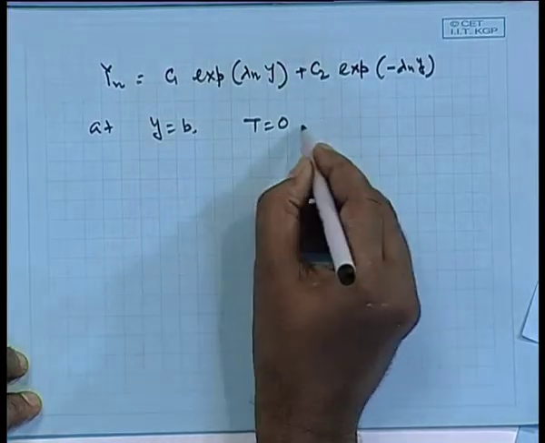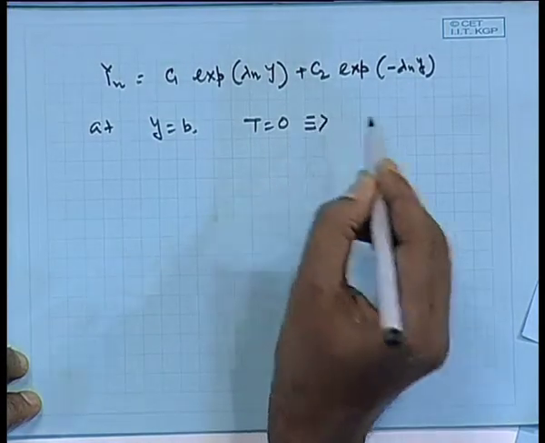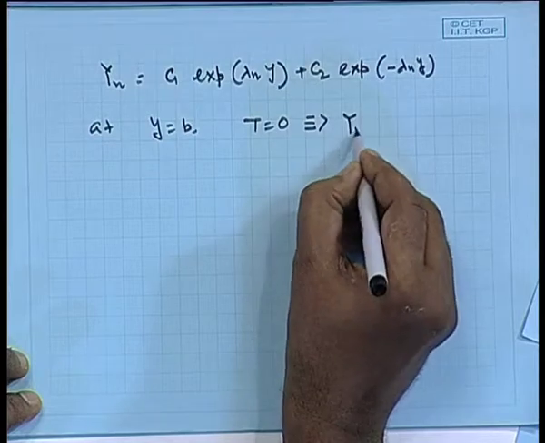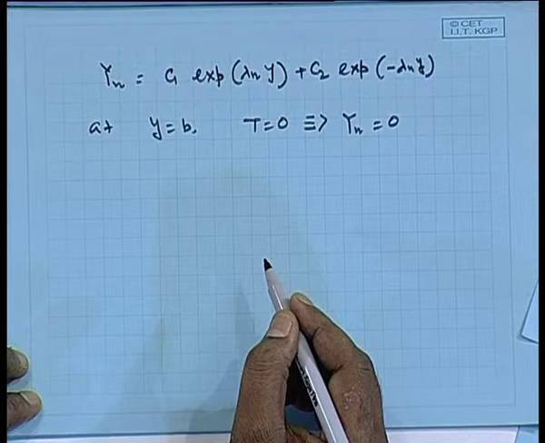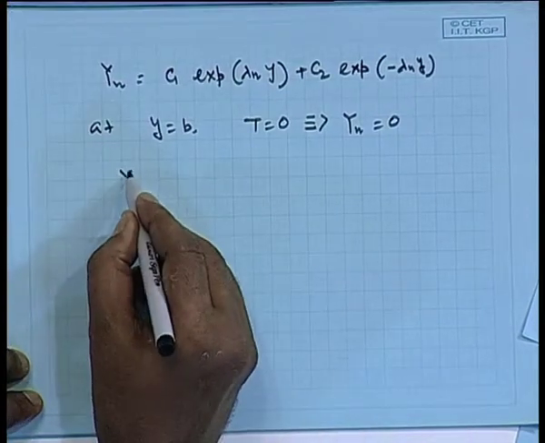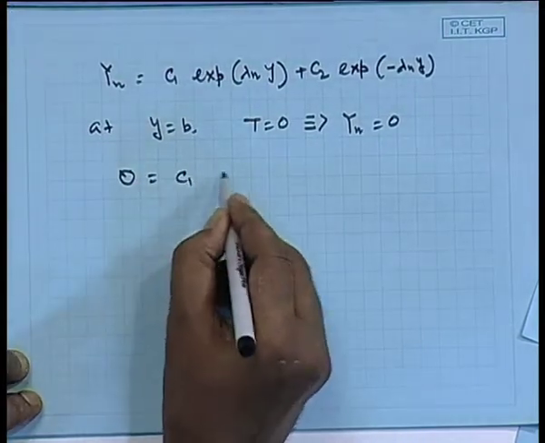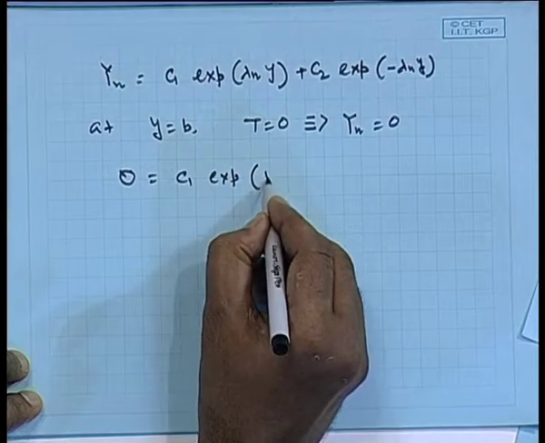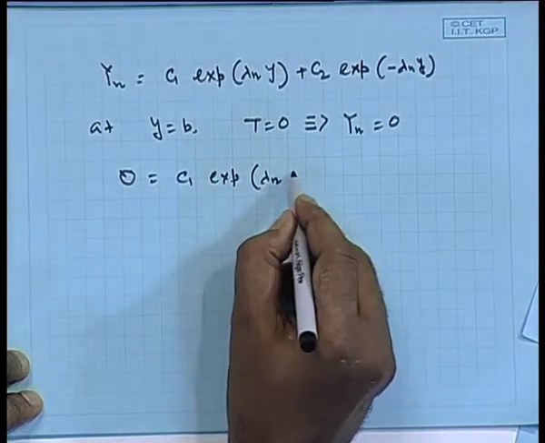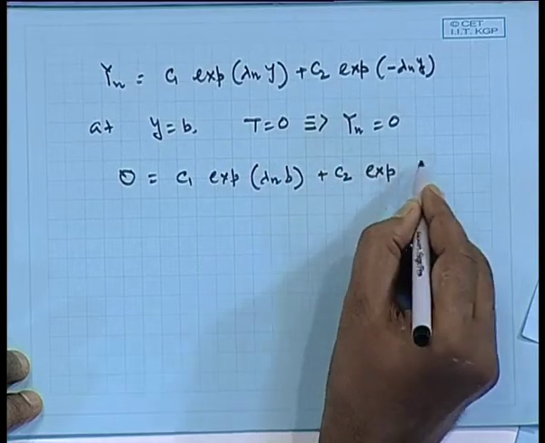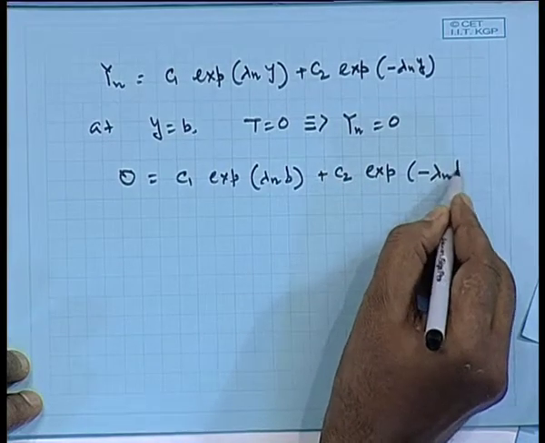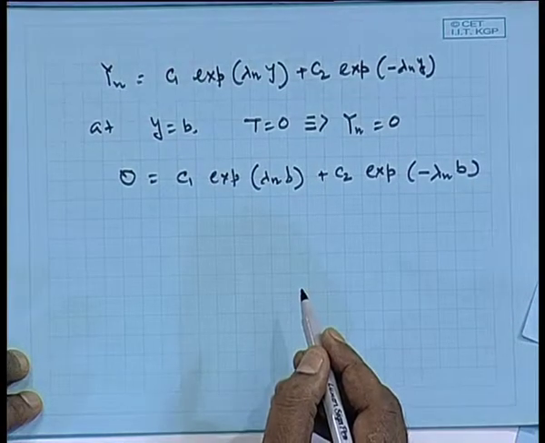That means at y equal to b, my Y n is equal to 0, right. So, 0 is equal to C1 exponential lambda n b plus C2 exponential minus lambda n b.